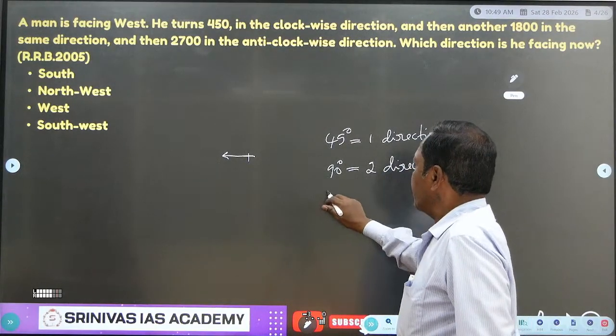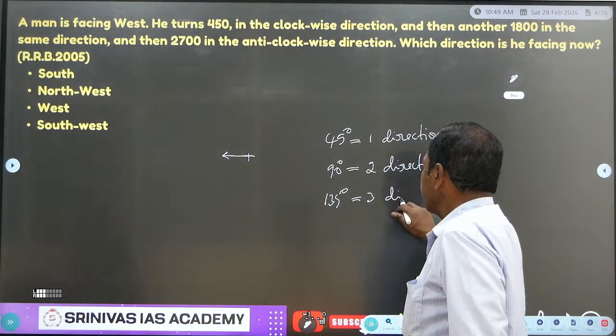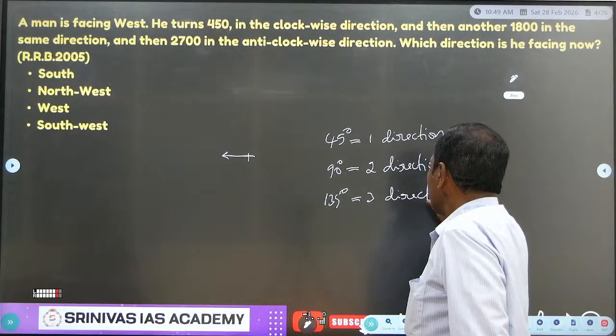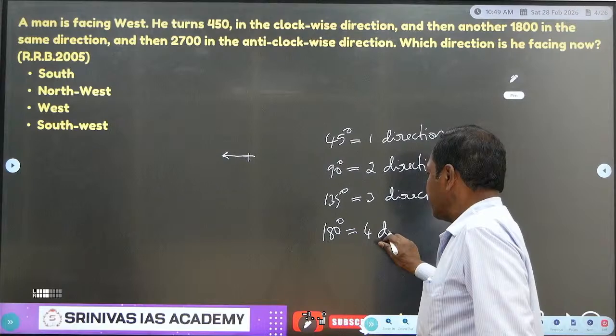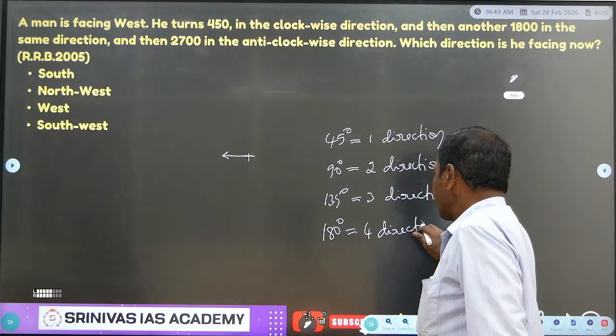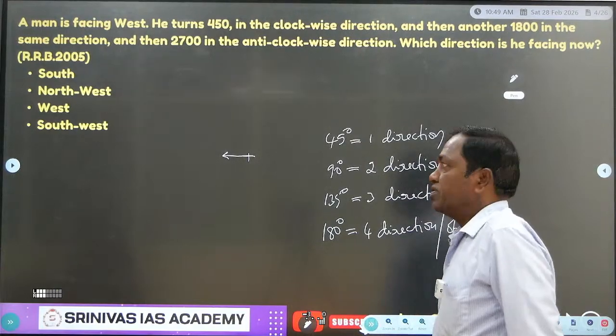And multiples of 45: 135 degrees is equal to three directions. 180 degrees is equal to four directions, exactly the opposite.